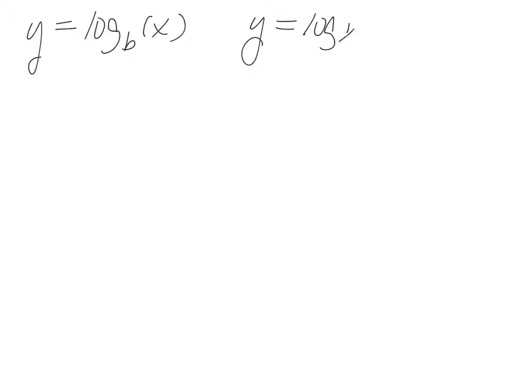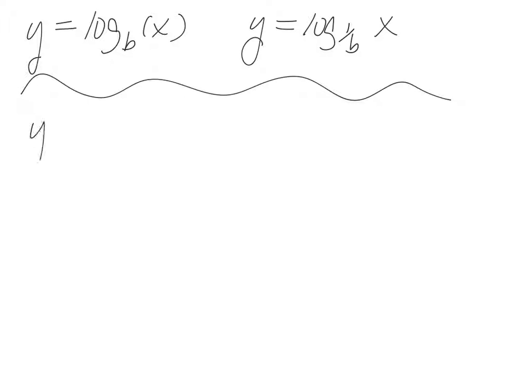How does the graph of y equals log base b of x relate to the graph of y equals log base 1 over b of x? How do those two relate to each other? Before we do that, let's just talk about how the exponential functions relate to each other.